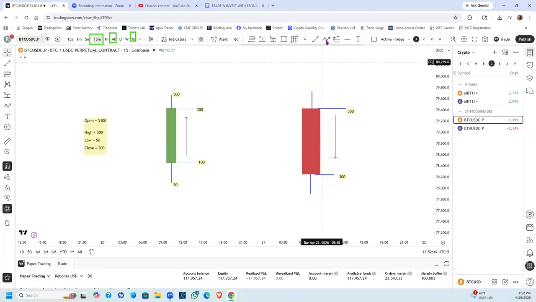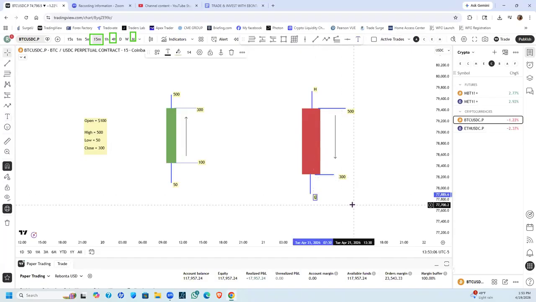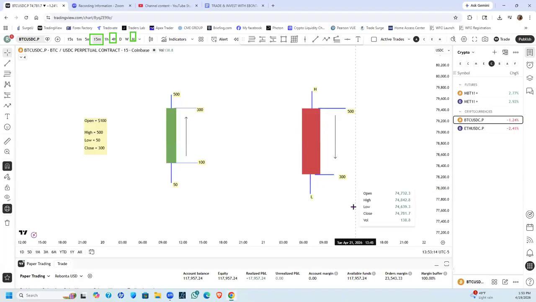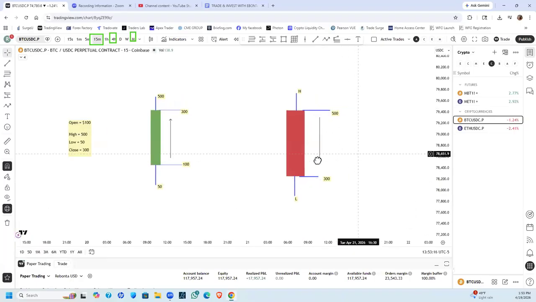So on this candle, the highest price that happened during the day will still be here. I'll just put letter H here to mean the highest price that happened during this whole time period. If it's 1 day, 1 hour, 1 week, the highest price will still be the highest. The low will still be the lowest. But the opening and the close compared to one another will determine the color of the candle. All right. We'll keep it brief right there.